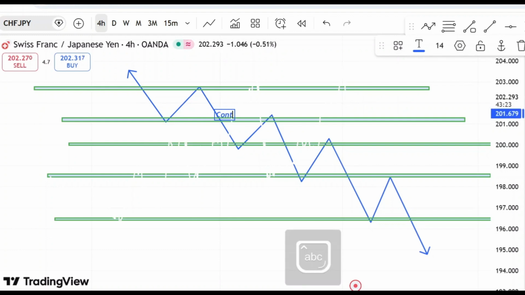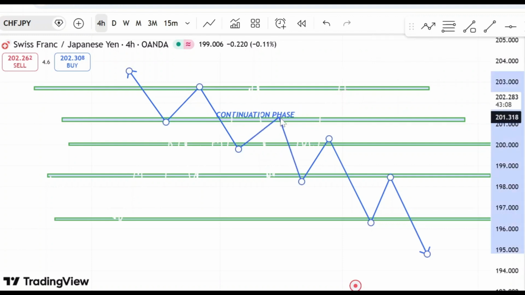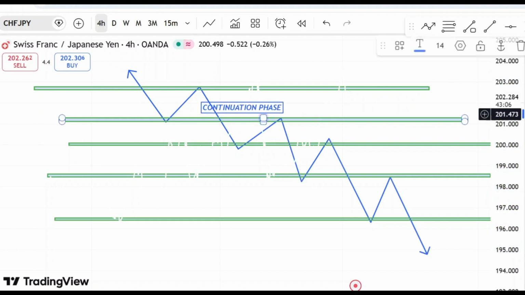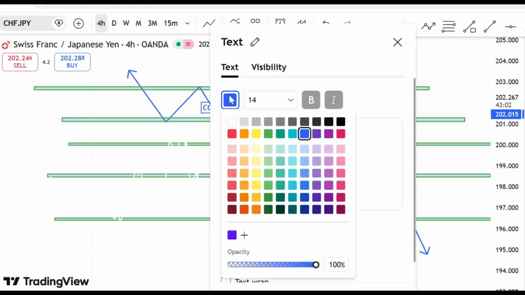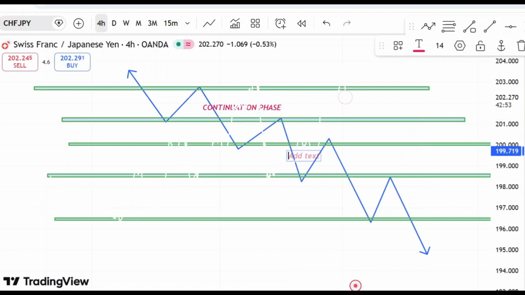Let me use capital letters: continuation phase. I think you are seeing this is a continuation phase. Let me change this color. I think this color is better. Okay, cool. Continuation phase, this is a continuation phase.